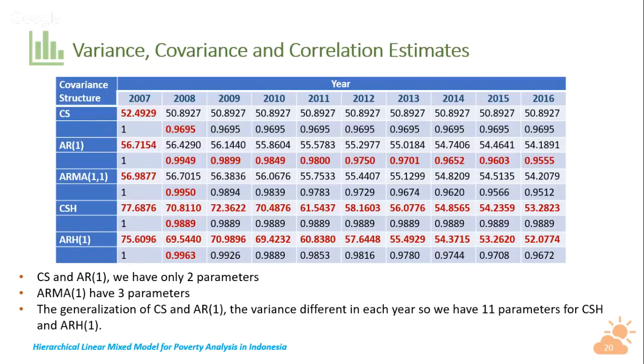To reach a conclusion on the best model, first of all we generate the data from the five variance covariance structures. We generate the data, and we replicate it 1000 times.